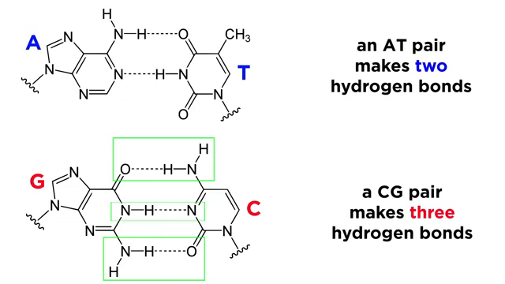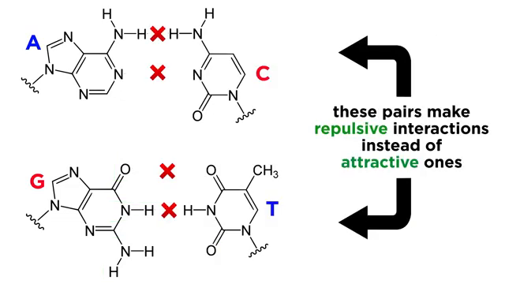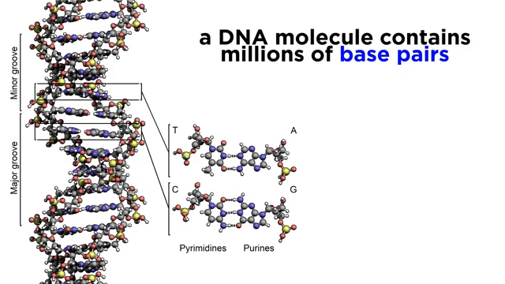If we tried to bind A with C and G with T, these interactions would be impossible, so base pairing is highly specific. And a DNA molecule is millions of these base pairs extending in a double helix that looks like this, with one strand being a perfect complement to the other, allowing for an unimaginable number of possible sequences.